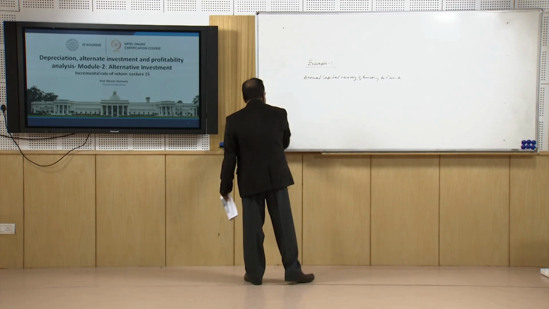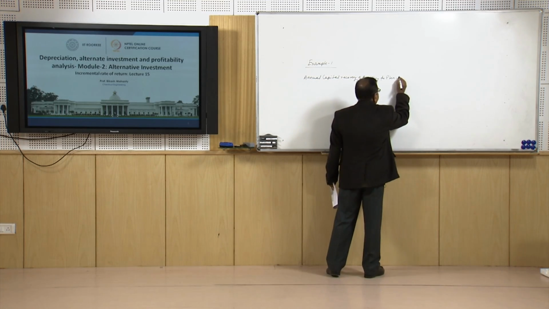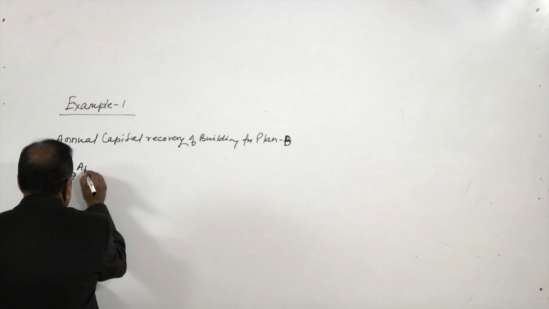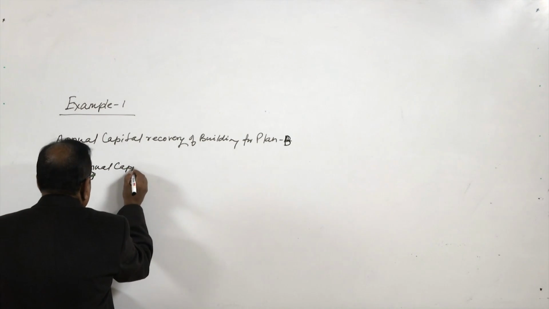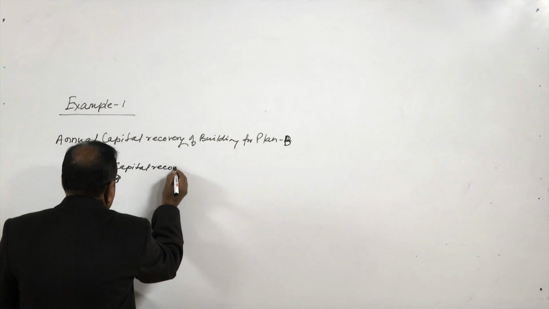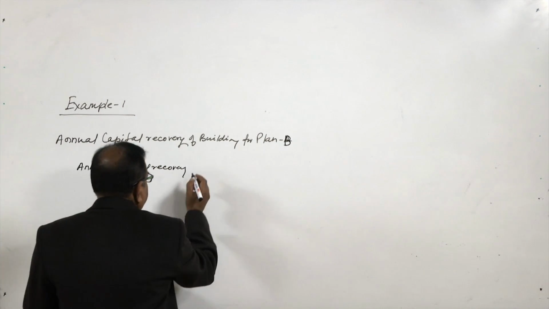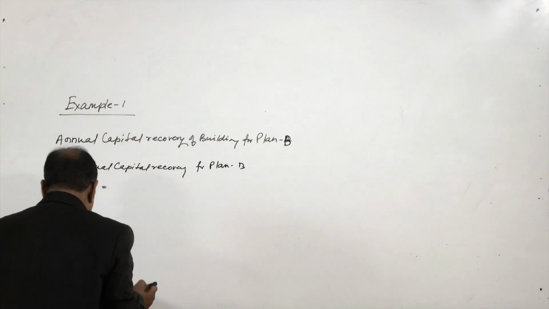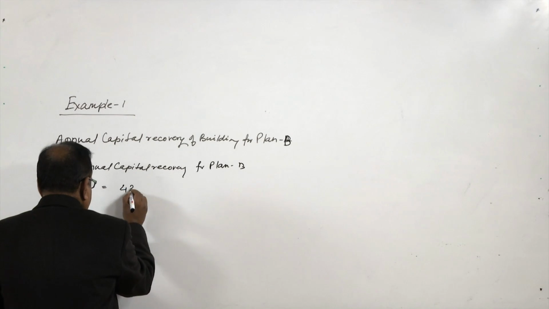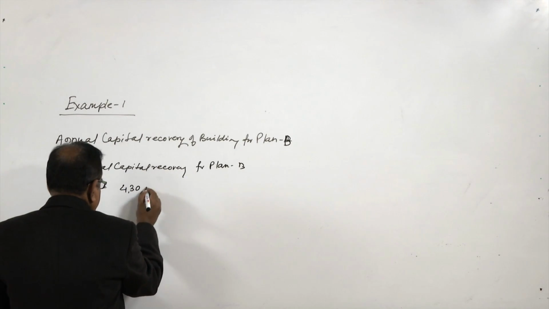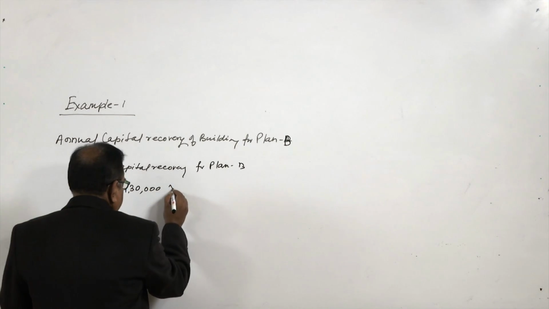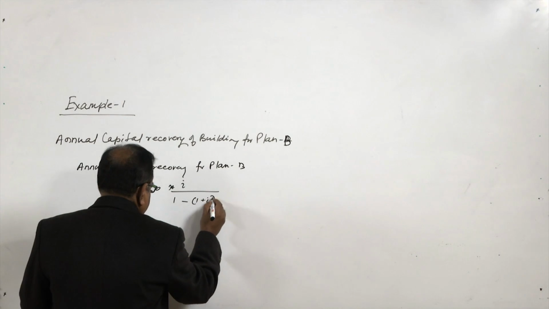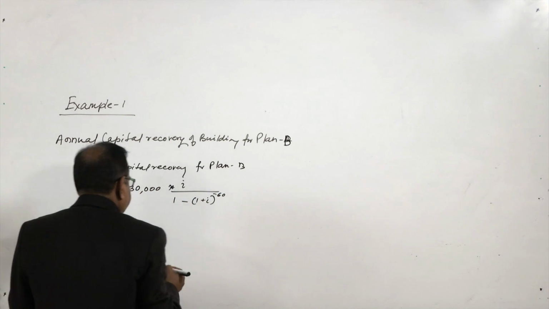Now, if we calculate it for plan B, annual capital recovery for plan B is equal to 4,30,000 into I divided by 1 minus (1 plus I) to the power minus 60.